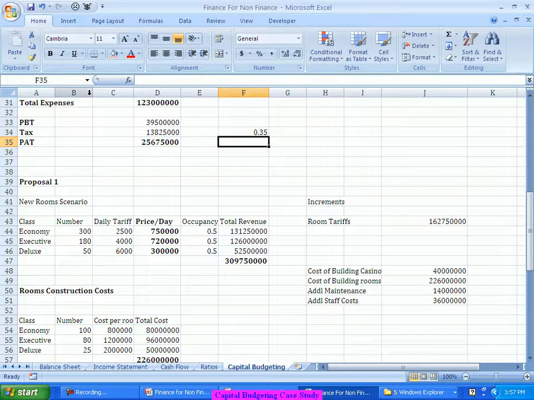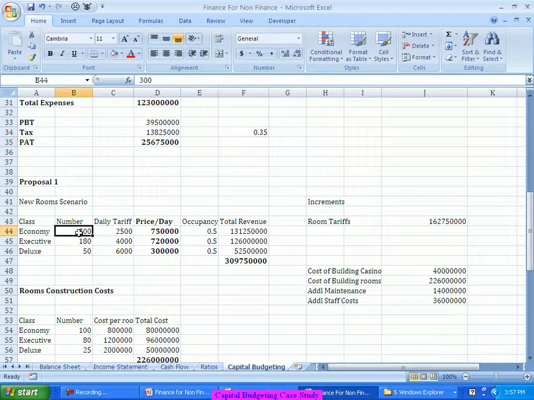If it is the proposal 1, they are targeting increase the number of rooms. Economy class 100, executive class 80, and the deluxe class 25.